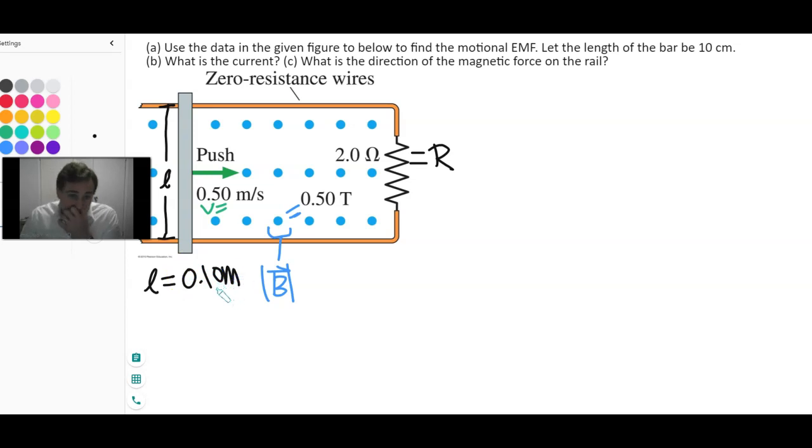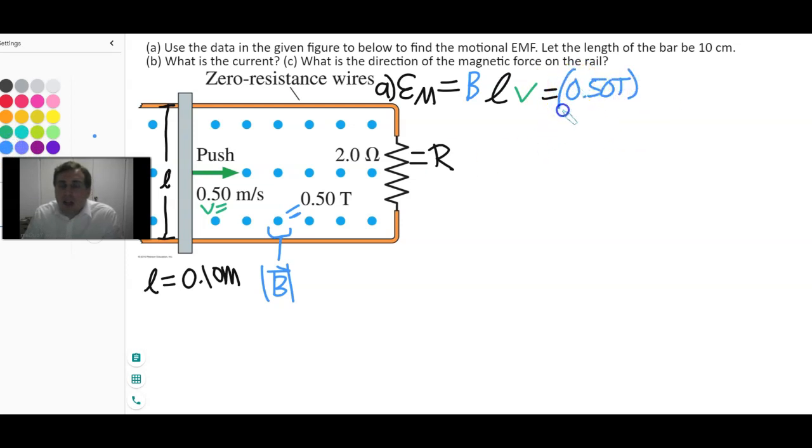All right, so let's first calculate the motional EMF. For part A, the motional EMF should be given just by BLV. B is the magnetic field magnitude, L is the length of the bar, and V is the speed. So let's go ahead and calculate. B, the magnetic field magnitude, was half a Tesla.